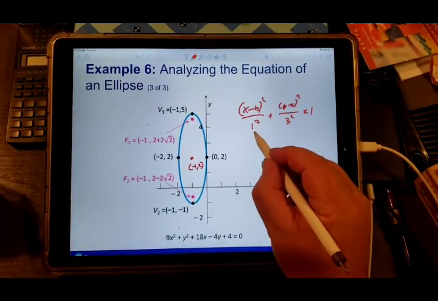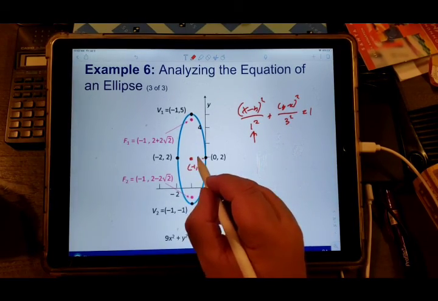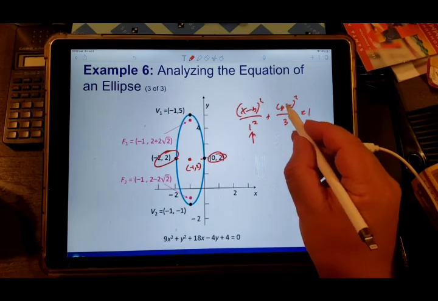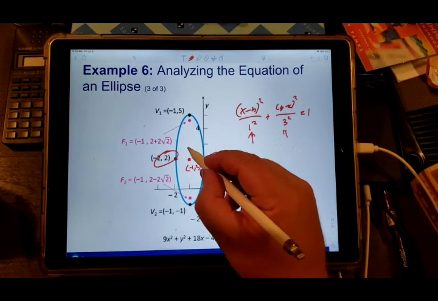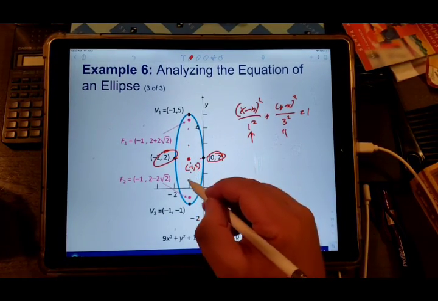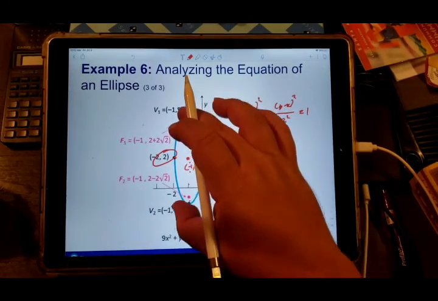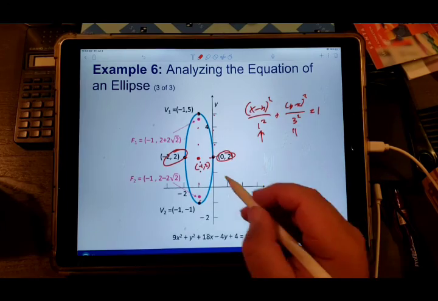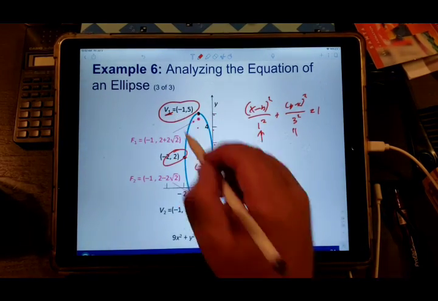All right, so along the x-axis, I'm going to move 1 to find these points. And along the y-axis, I'm going to go 3 to find the vertices, because that was the longer travel. Go up 1, 2, 3. Those get the status of the vertex.